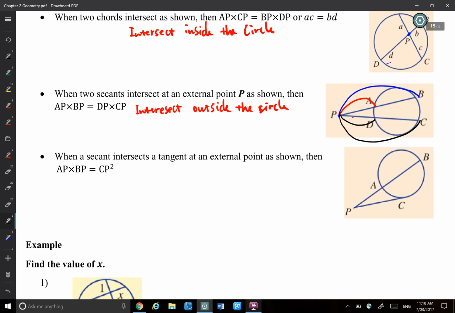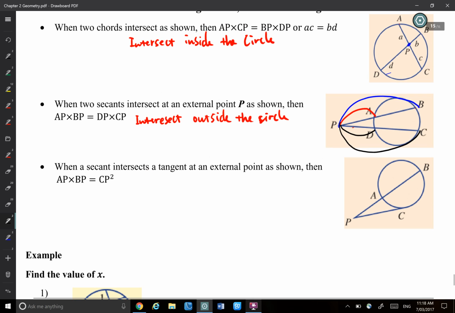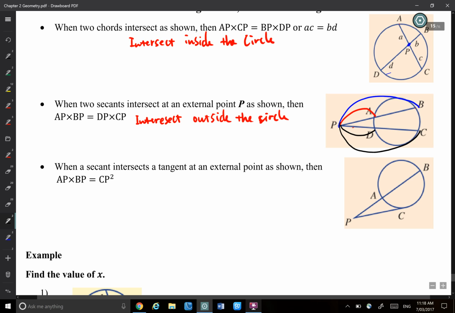And the next one is when a secant intersects a tangent at the external point shown below. So this is the tangent. PC is the tangent and the contact point is the point C here. And then you will have BP here.